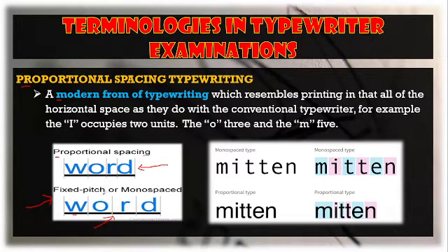Nasabi dyan na fixed or monospace kasi as you can see, dito sa W, the size of it is let's say less than maybe a quarter inch in here.